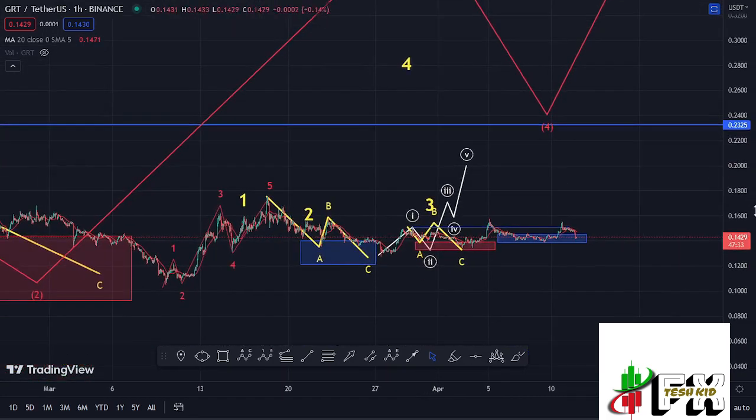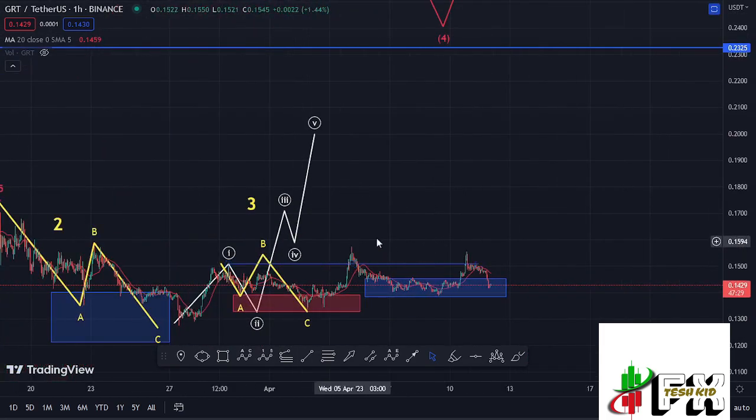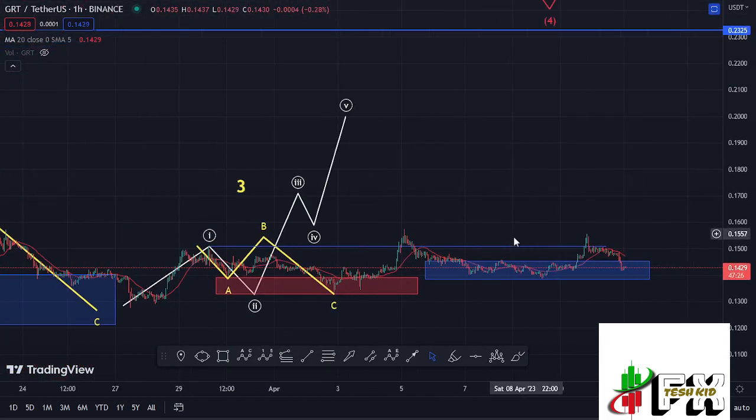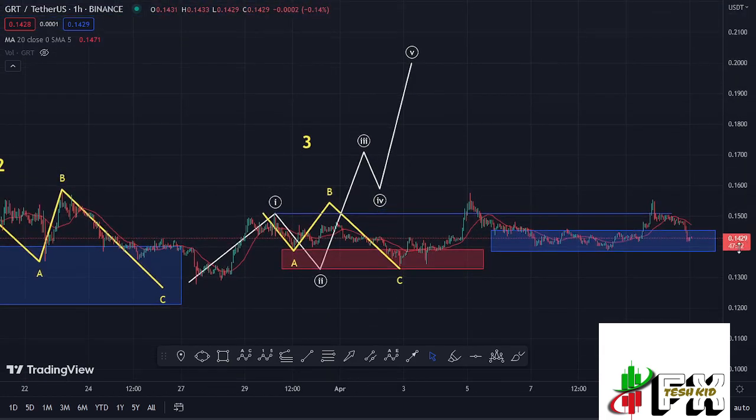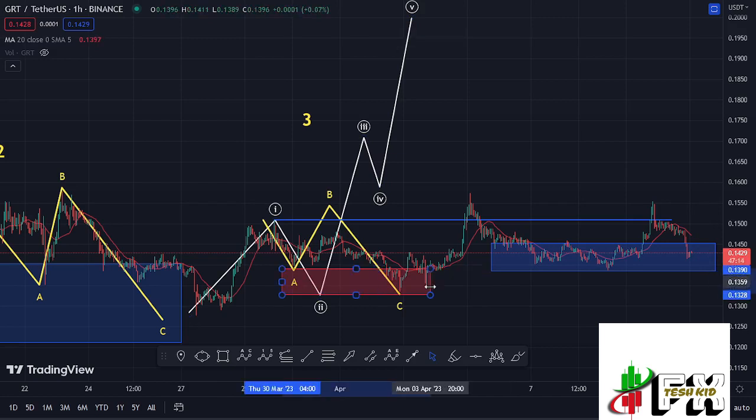And since we are in the formation of the wave 3, which is also an impulsive wave, I'm also expecting to see a micro Elliott wave count within the formation of the wave 3, where you can see on the charts I have that as the first wave. Then we have seen a corrective structure in that wave 2 bottoming out in the red target area.